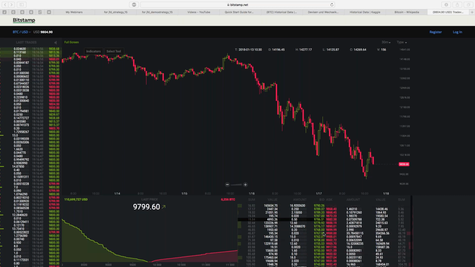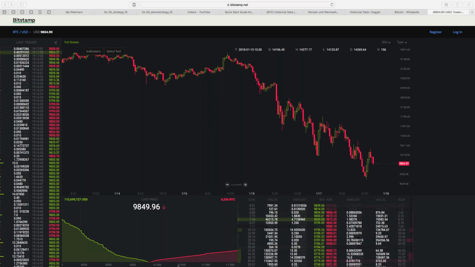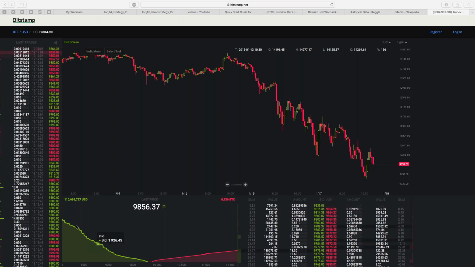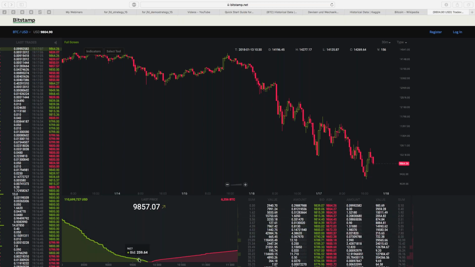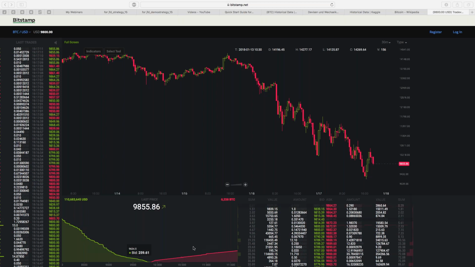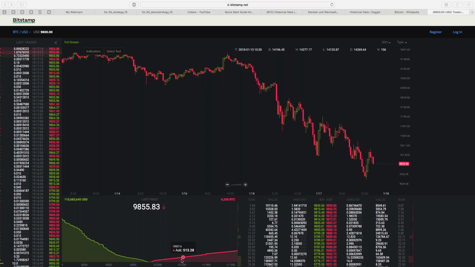And that's what you see here in red and green. And finally, what you see here in the middle is something like the order flow or the order book in a more graphical way. So it's simply the same information which is in the right-hand table, but now in a graph.